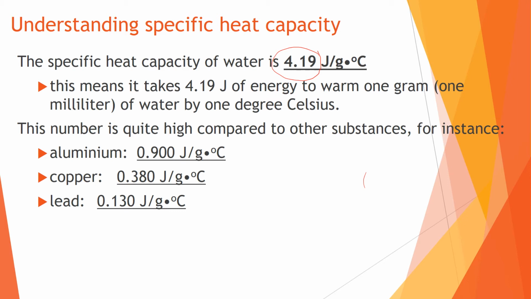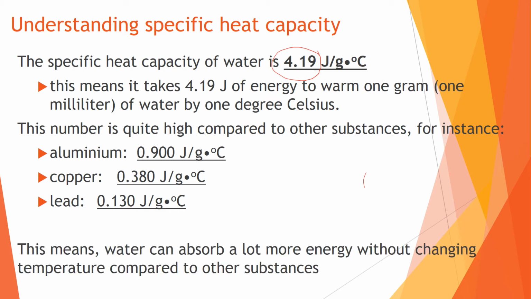Whereas with water, it takes 4 joules of energy. Okay, so what this all means is that water can absorb a lot of energy without changing temperature compared to other substances. Now, I'm sure there are substances that have higher specific heat capacities, but water has one of the highest.